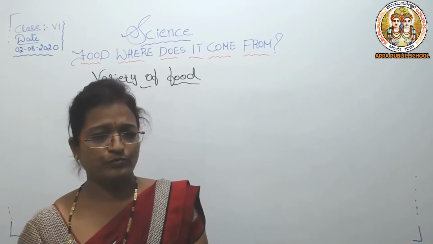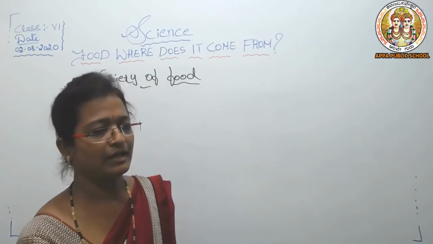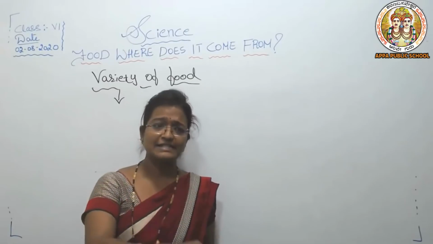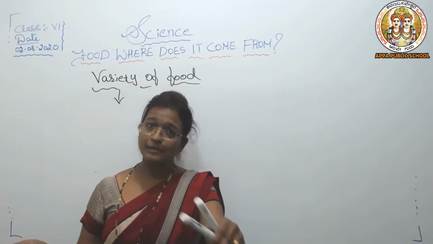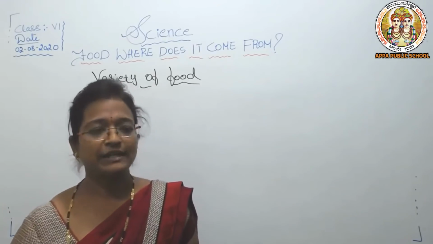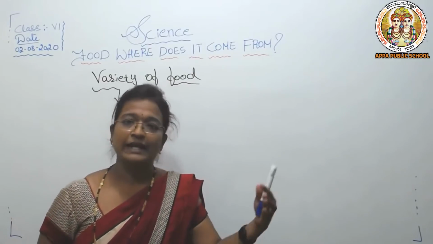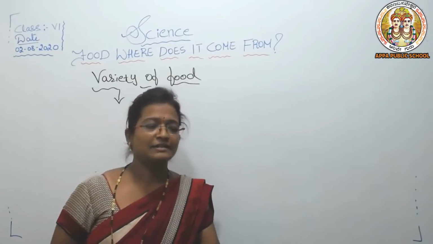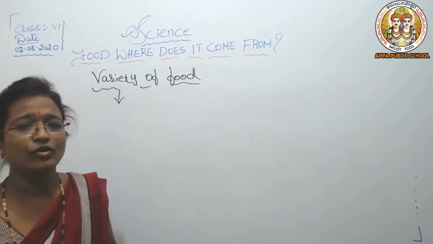See, if I ask anyone what you had in the morning breakfast, you may tell idli. If I ask the same question to another boy, will he tell the same answer? No, because he ate some other dish. So he may tell rice. If I ask another boy, again he may tell another answer, he may eat uppit. So here we see variety of dishes.